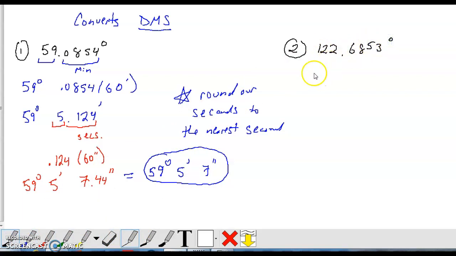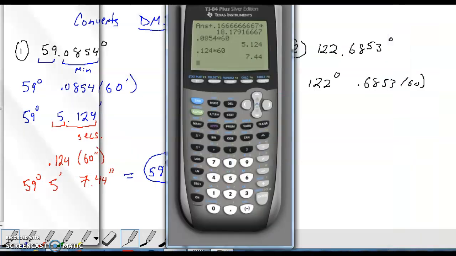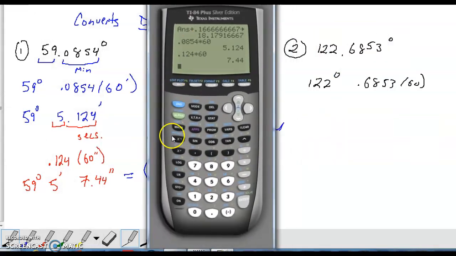All right, so let's try 122.6853 degrees. Again, I'm going to take 122 degrees, and I'm going to multiply 0.6853 by 60 minutes. So I'll come back over here. 0.6853 times 60, I get 41.118.